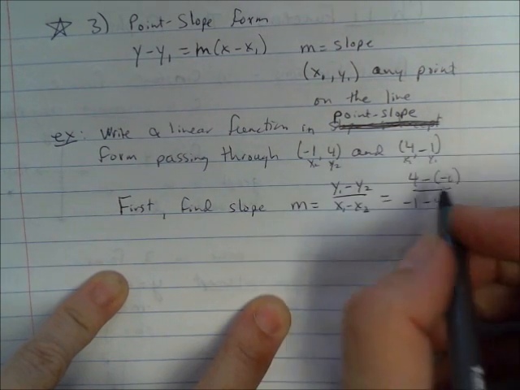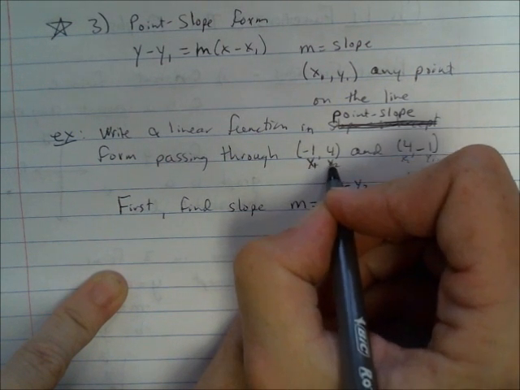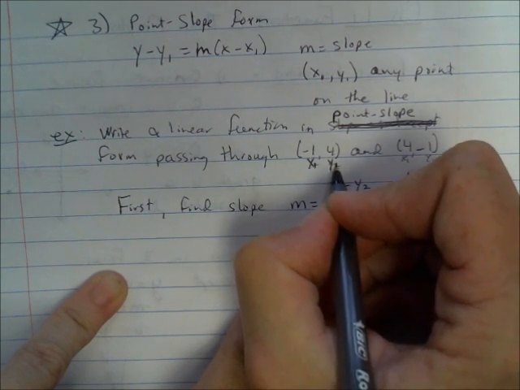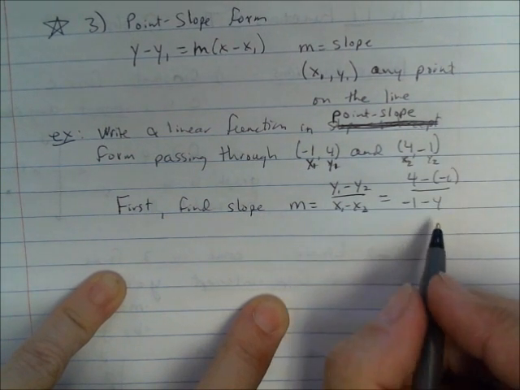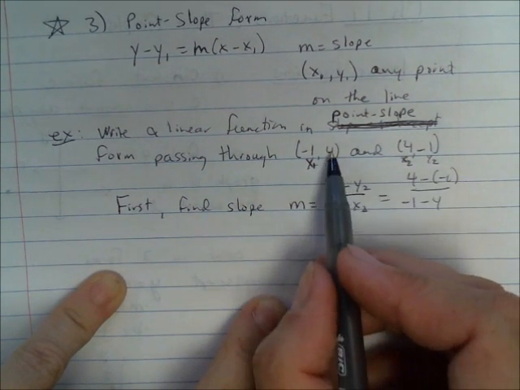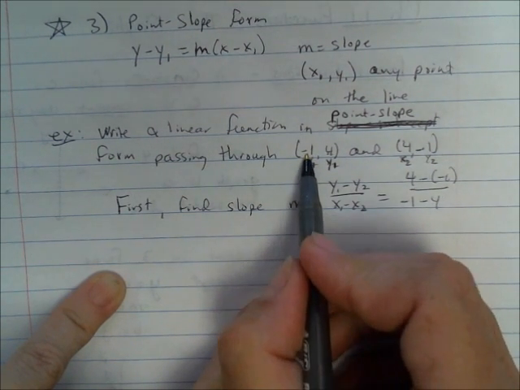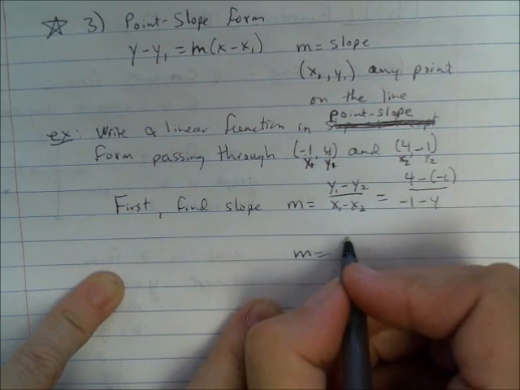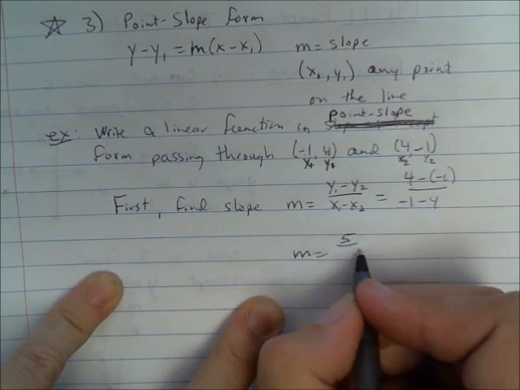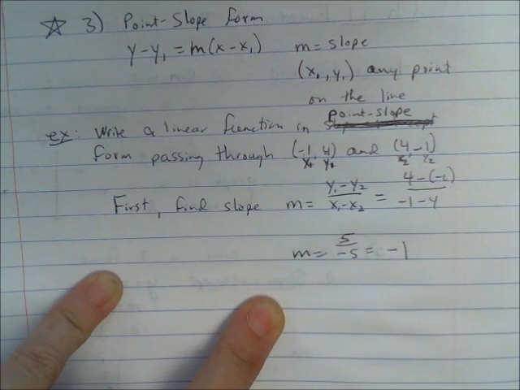Oh my gosh. So we're going to call this x1. I don't know why I did it in reverse. y1, and this one is called x2 y2. So we have 4 minus -1 all over -1 minus 4. So the slope is 4 minus -1 is 5, -1 minus 4 is -5, and the slope is -1.